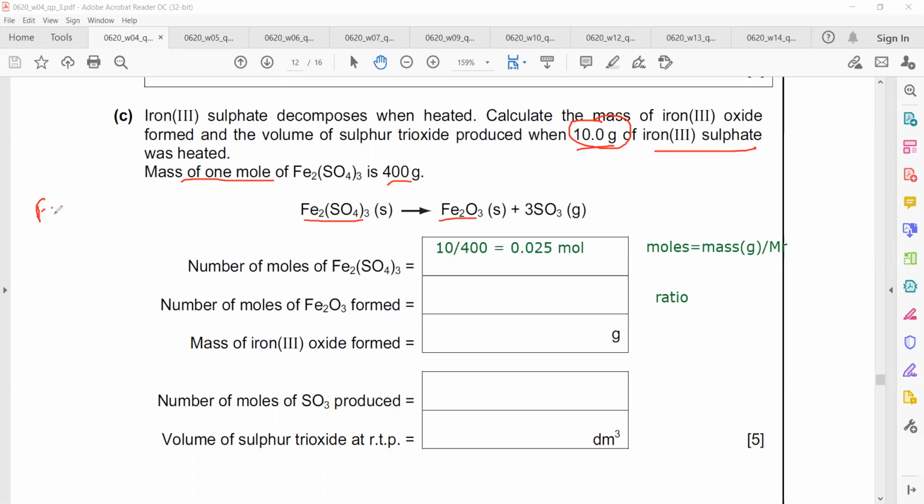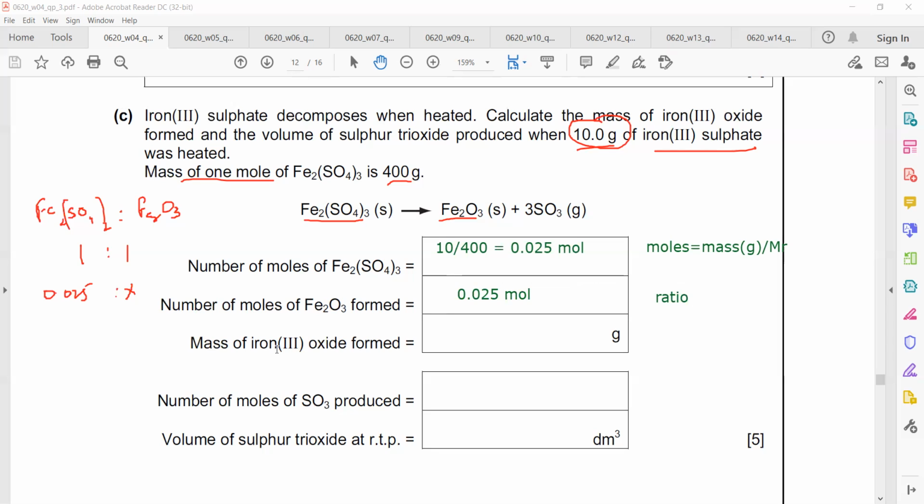When the ratio is 1 to 1, you don't have to show that it is 1 to 1; you can just directly write the answer here. If I have 0.025 moles of iron sulfate, then I get the same moles of iron oxide, which is 0.025 moles.